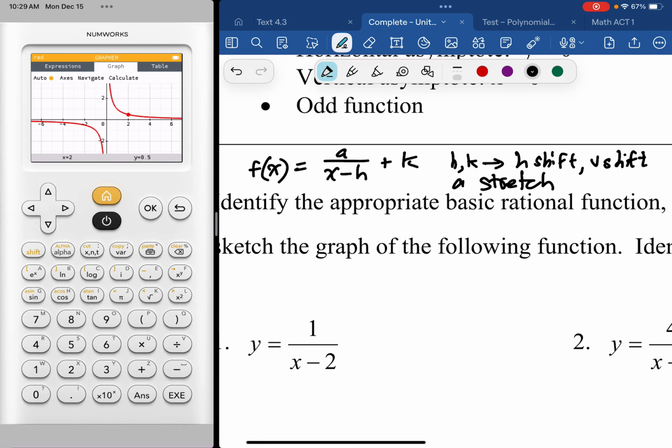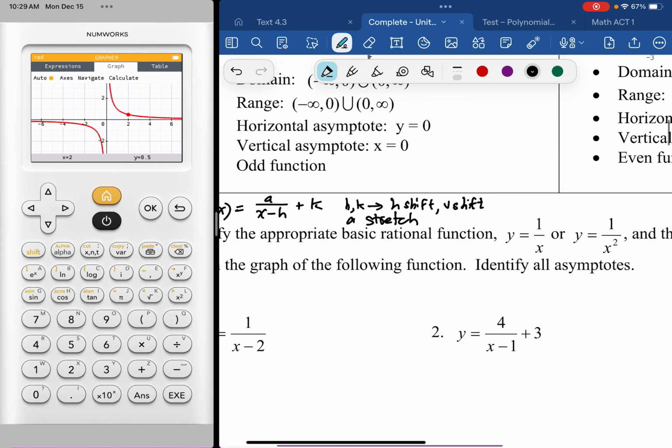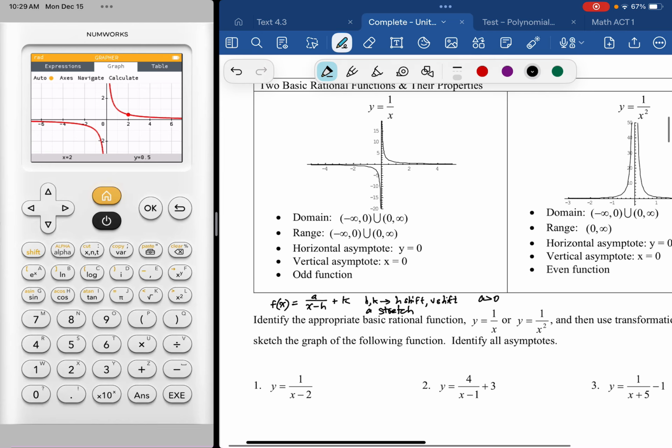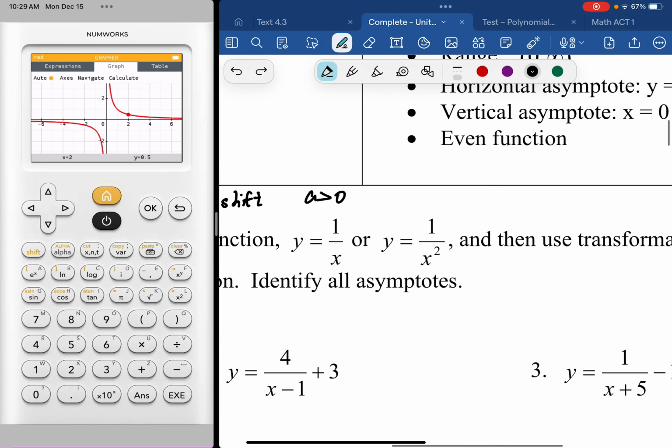It could also be the orientation. If a is positive, it's going to look like what you see up here. If it's negative, it'll be the reverse. That's a little trickier to sketch, but it would look like this if it's positive.